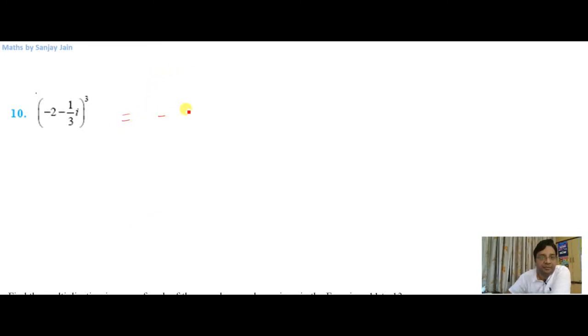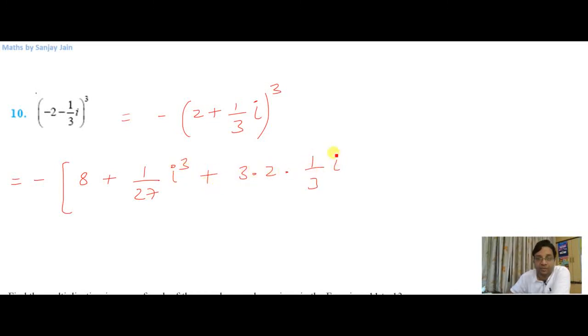If I take negative outside, I can write it as 2 plus 1 by 3 iota cubed, right? So negative here, and then I can write it as 2 cubed plus (1 by 3) cubed, that is 27, and then iota cubed plus 3 into a into b, and then a plus b.